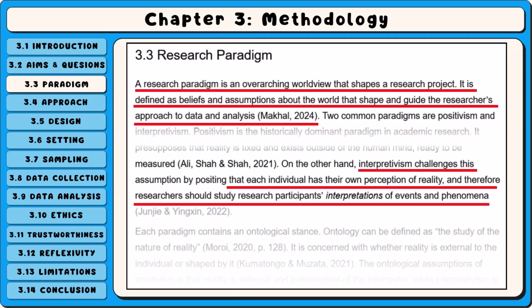Here's a sample. A research paradigm is an overarching worldview that shapes a research project. It is defined as beliefs and assumptions about the world that shape and guide the researcher's approach to data and analysis. This study's paradigm is interpretivism, which argues that each individual has their own perceptions of reality and therefore researchers should study research participants' interpretations of events and phenomena.